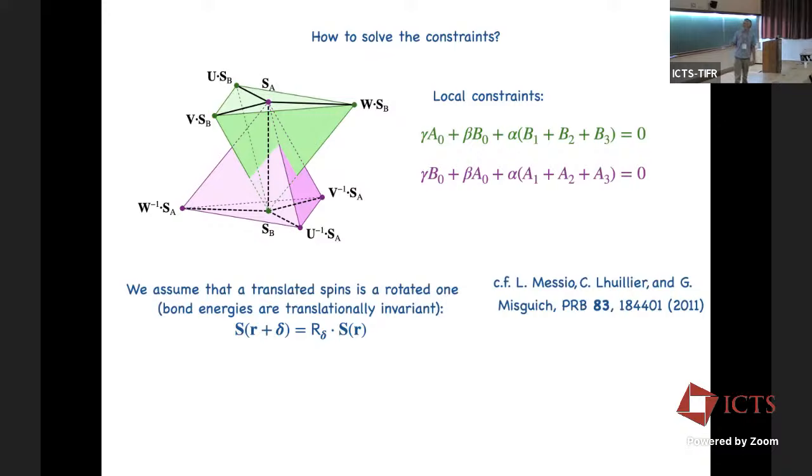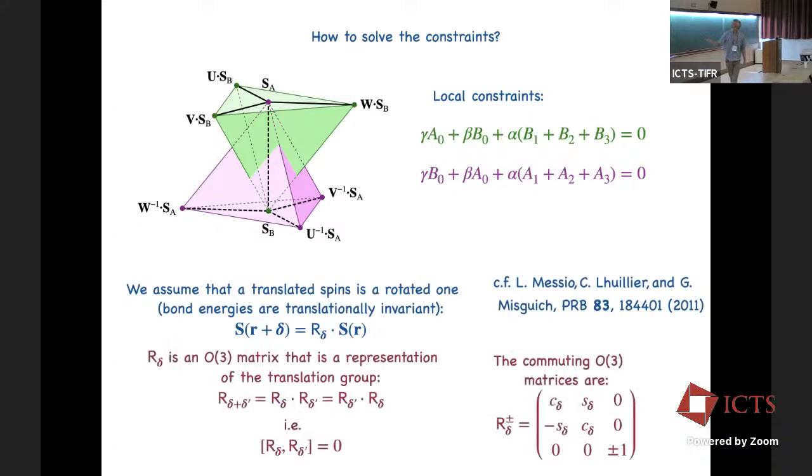Now, if we do this, then if we have a spin at a certain site and we move it in the delta direction, it will be multiplied by R_delta, those are the U, V, W, times S_R. And since R_delta is an O3 matrix, a representation of the translation group, if we go, say, from, I would need 4 spins.